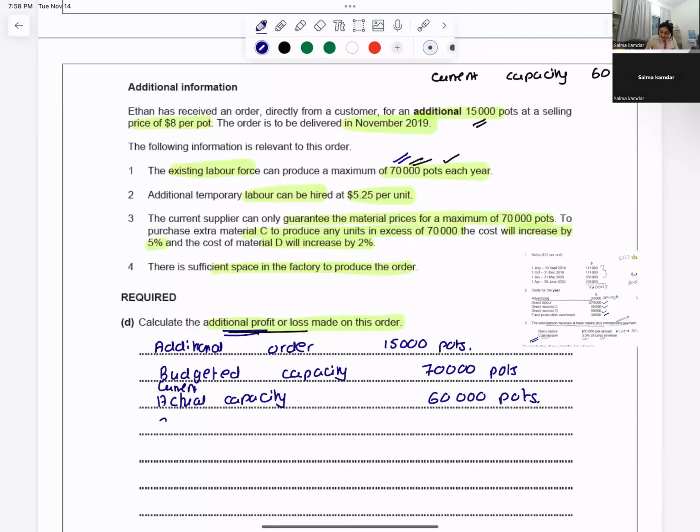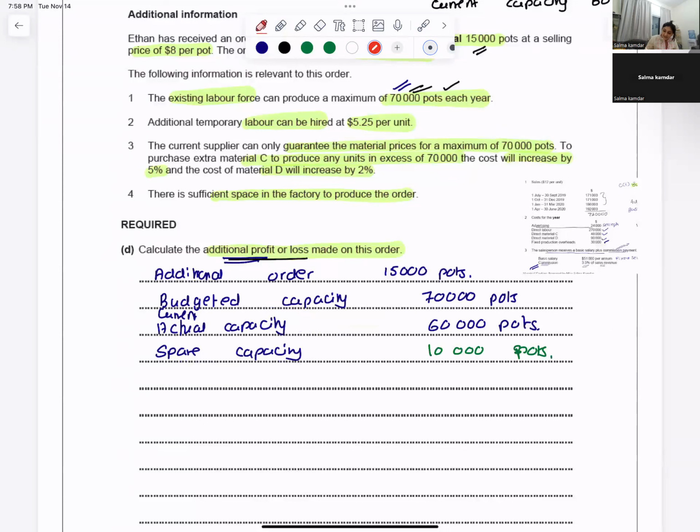So I have a spare capacity of 10,000 pots. How much additional capacity is required? Additional capacity required is 5,000 pots. So whatever extra I am going to pay would be for 5,000 pots.